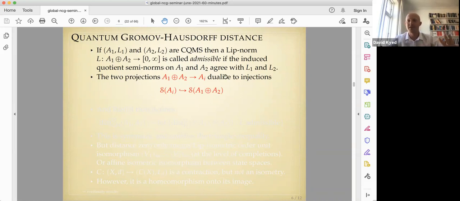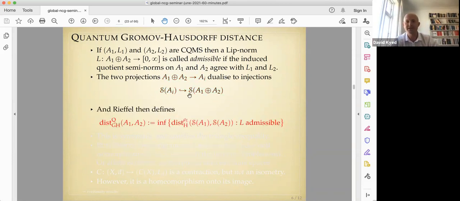And then you can therefore compare the two state spaces in this bigger state space. And then Rieffel defines the quantum Gromov-Hausdorff distance between the two spaces to be the infimum over all such distances that you can obtain from letting L run over these admissible semi-norms.